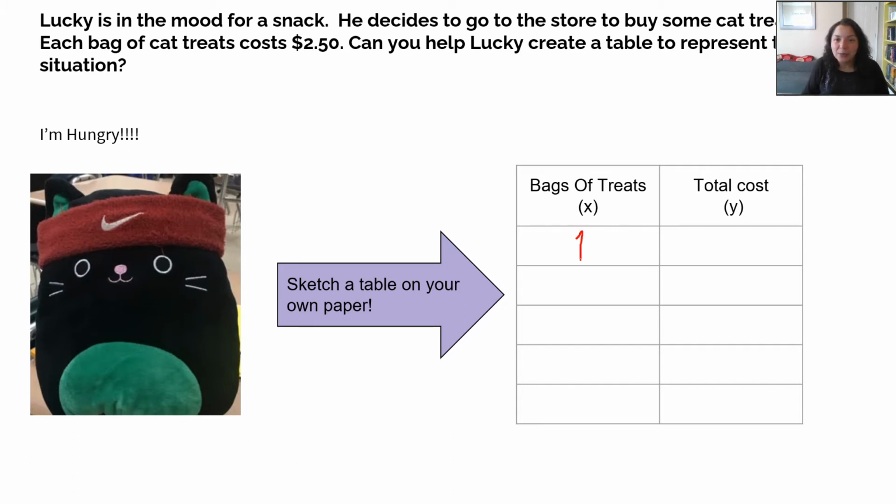And so given that Lucky goes off and buys just one bag of treats, usually I like to say over here, number of bags of treats, one bag of treats, and my cost, I usually like to put in parentheses my unit of measurement.